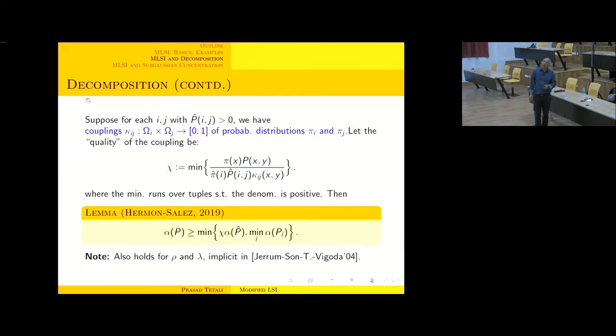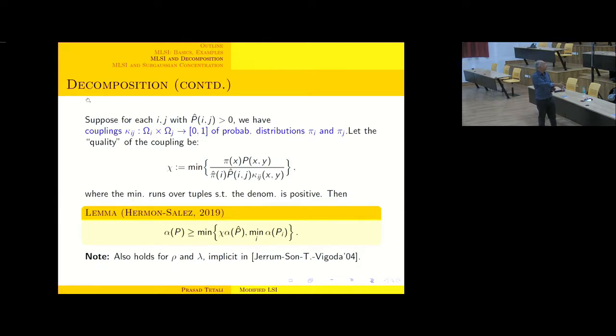So you define a coupling between the ith and jth piece, as I alluded to earlier. You can have any coupling that you want. What do I mean by coupling? Coupling means the joint distribution between the ith and jth pieces with the appropriate marginals.